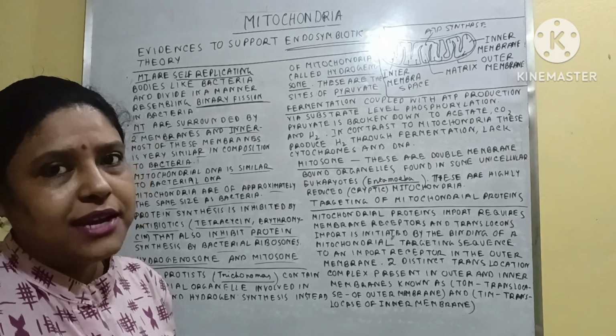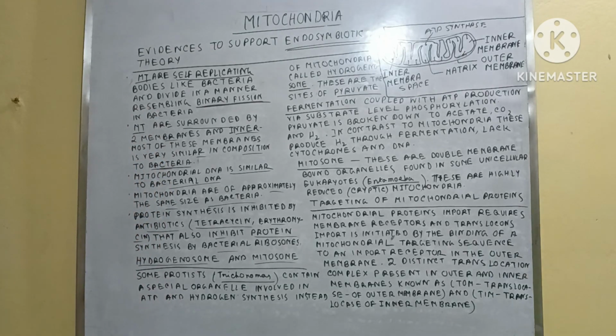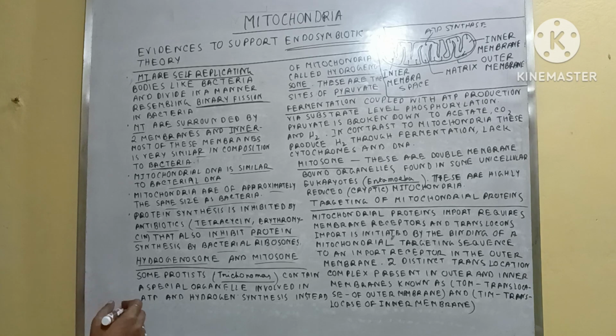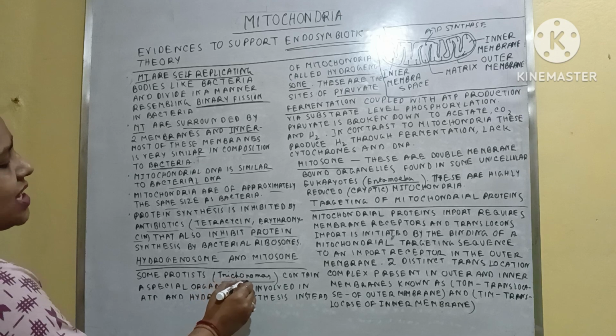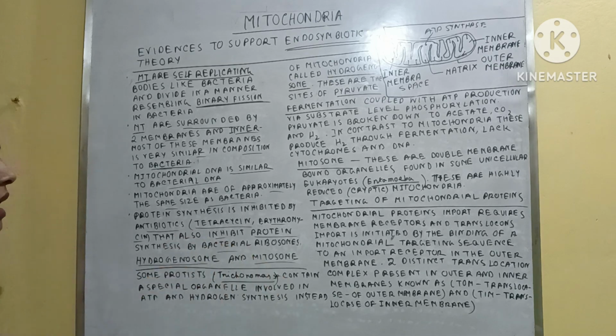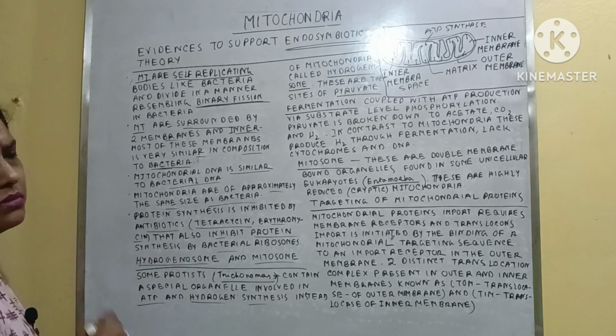So what are hydrogenosomes and mitosomes? Hydrogenosomes are like mitochondria and function like mitochondria. An example is Trichomonas species, where hydrogen and ATP are both synthesized in the hydrogenosome.